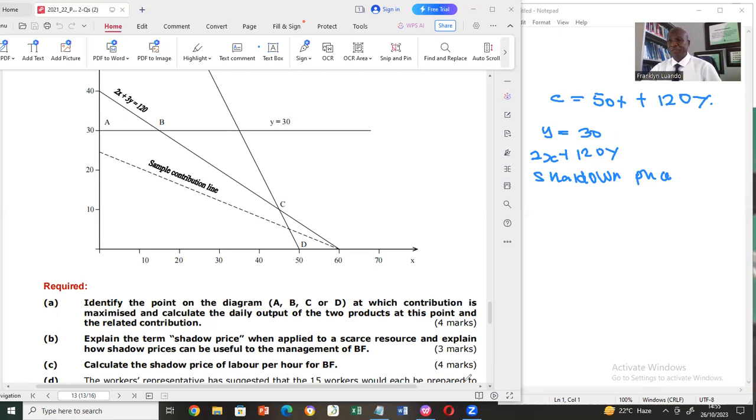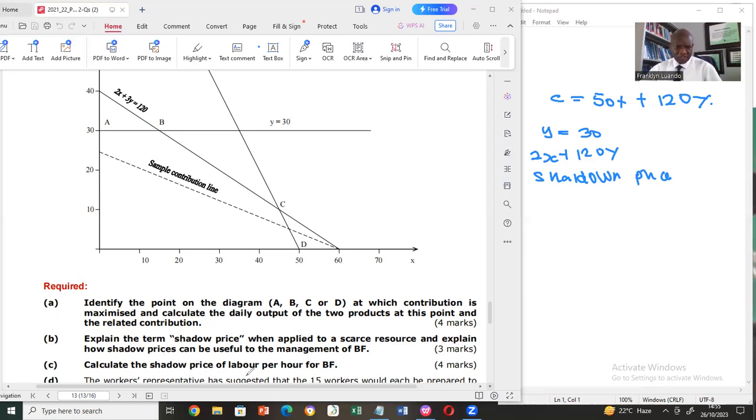In this case, the limiting factor is labor. Or rather, shadow price is the increase in contribution when a scarce resource is made available. So in short, the shadow price is the premium that management is prepared to pay for extra labor in this case.